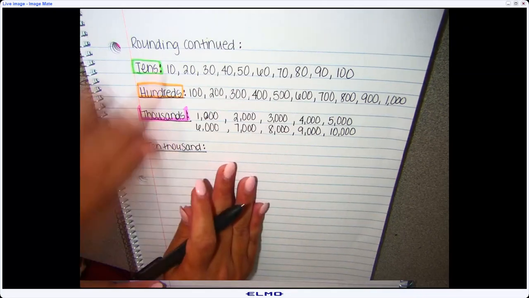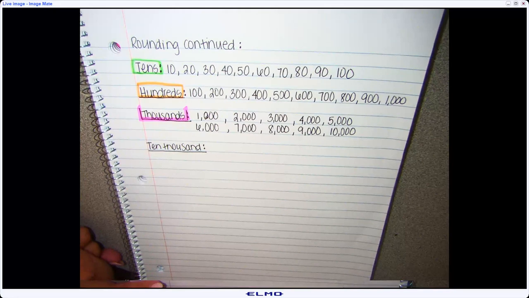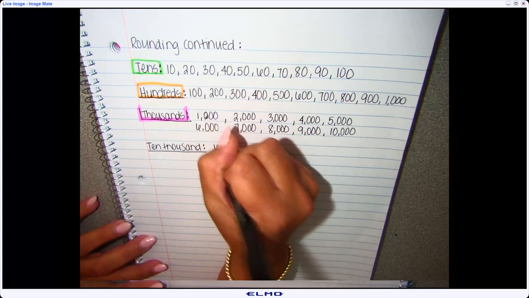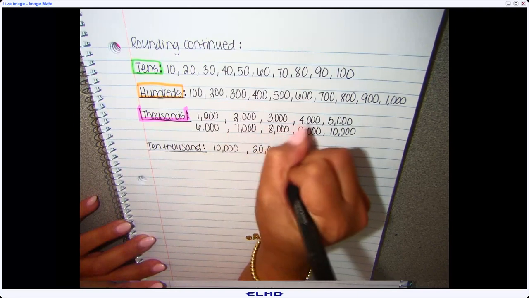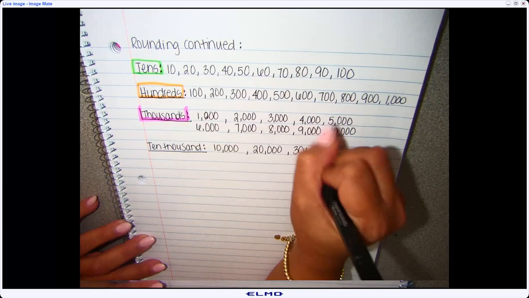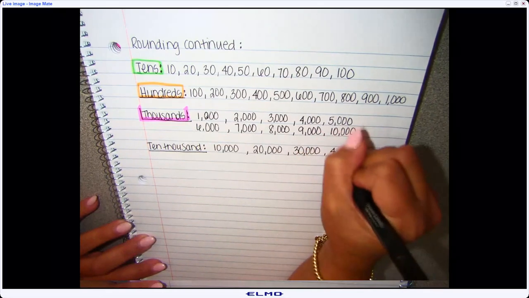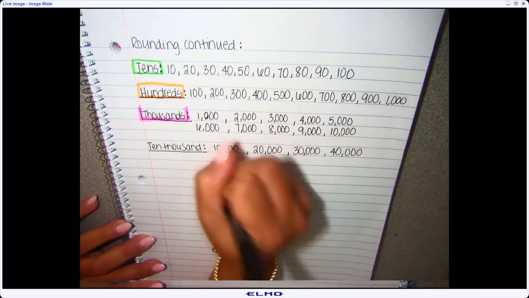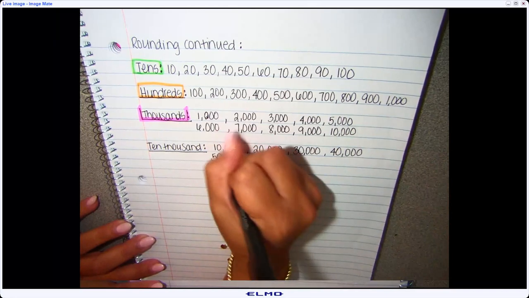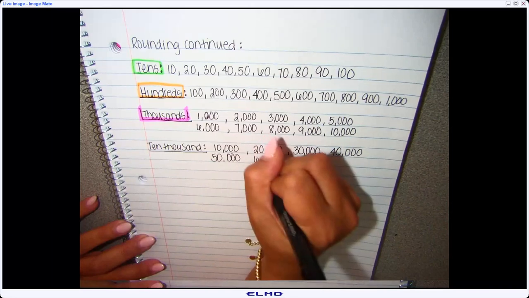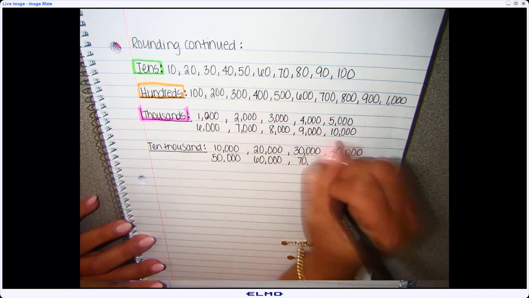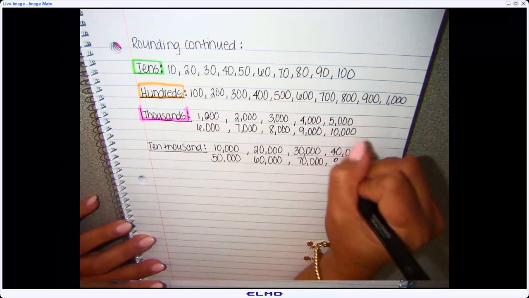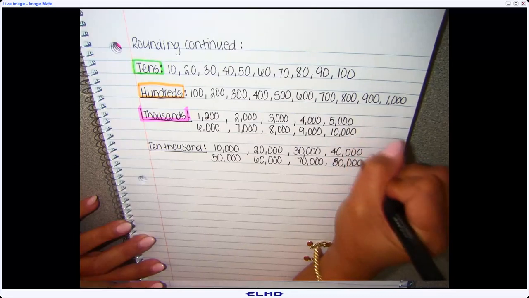So now instead of 10, this would be what? 10,000. 20,000, 40,000, 50,000, 60,000, 70,000, 80,000.